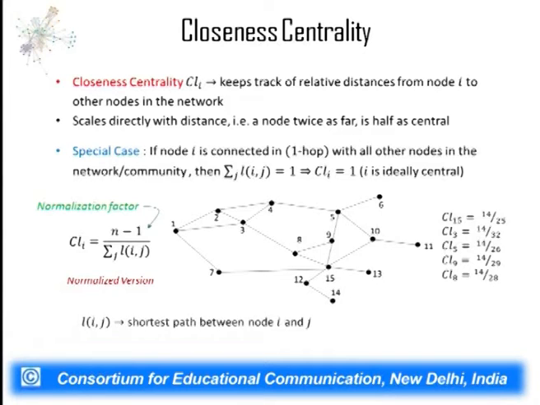If node i is connected in one hop with all other nodes, that is, we are dealing with a star network, say for example, then the sum of the shortest paths will come up to 1, because the length of the shortest path is 1. If node i is at the center, it is connected to all other nodes with only one hop, so it's nothing but 1. That way the centrality measurement is defined.